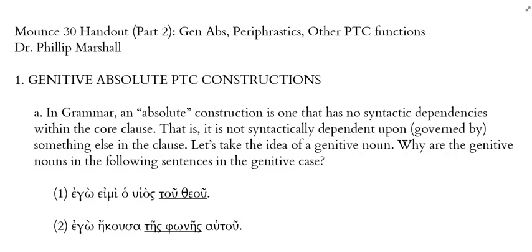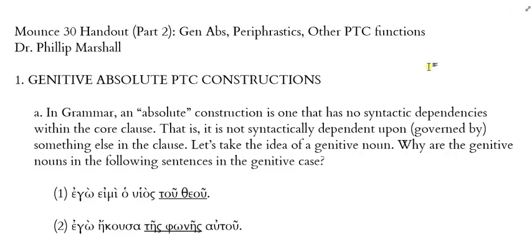It's not the subject, because the subject is I, and I like him. It's not the object, because him is the object, and I like him. So Charlie is just kind of dangling at the front of the sentence. It is frequently referred to as a nominative absolute. It's not syntactically dependent.